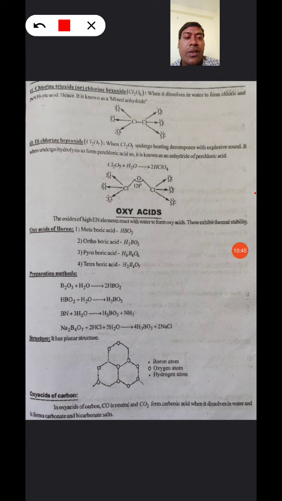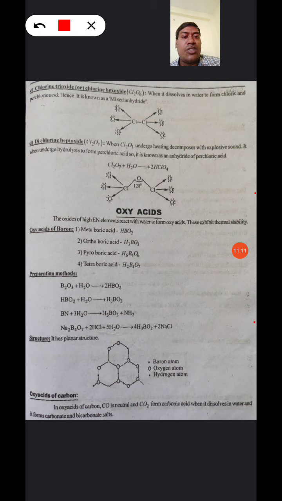When it is dissolved in water, it undergoes hydrolysis and forms chloric acid and perchloric acid.